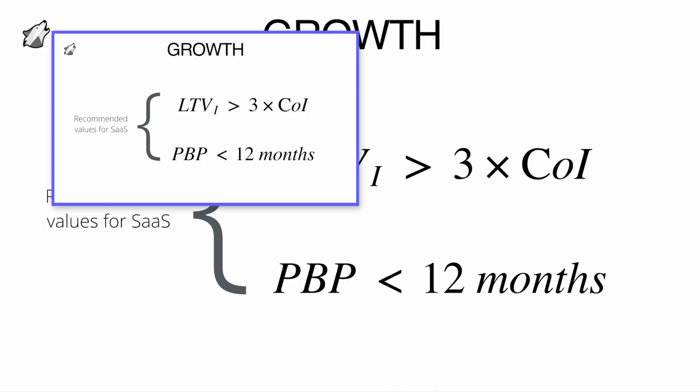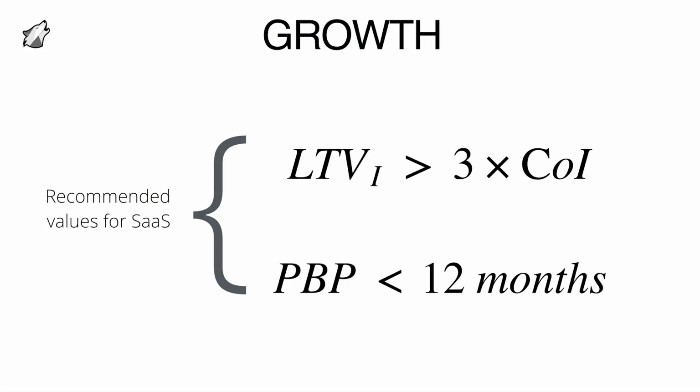Now the growth, with all of those elements in place, can be calculated with two variables. This is exactly the same formula for SaaS, customer type of identifying growth in a regular SaaS company. On one side, you're saying that the lifetime value for each integration that you're studying needs to be at least 3 times the cost of the integration.